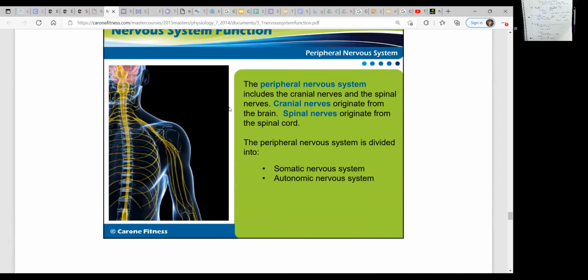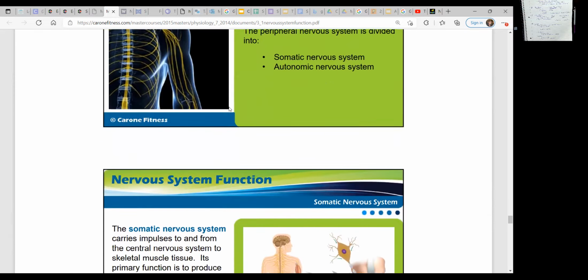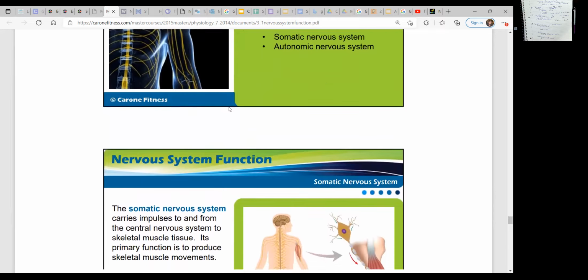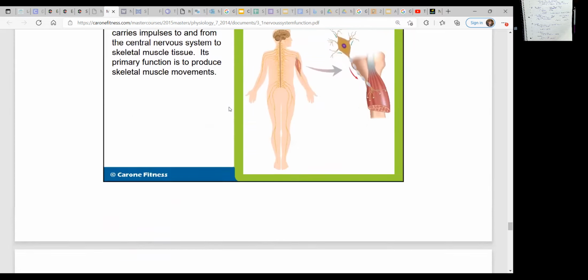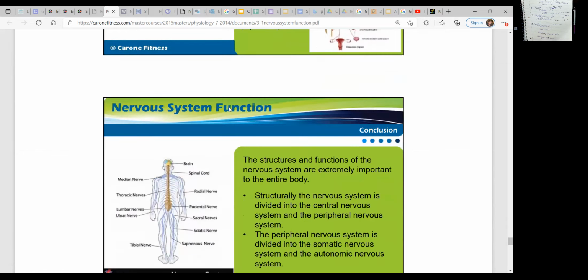The peripheral nervous system includes the cranial nerves and spinal nerves. Cranial nerves originate from the brain, while your spinal nerves originate from the spinal cord. And we can divide that into the somatic and autonomic nervous systems. And those will be a topic for the next lesson.